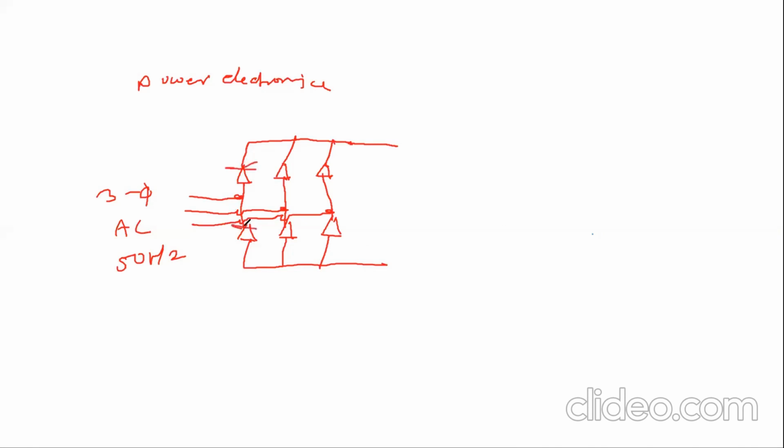I forgot to show its gate terminal. Now I am showing the gate terminal. Suppose this rectifier is feeding the armature of a DC motor, and the shaft of this armature is coupled to a load. It is driving a load.